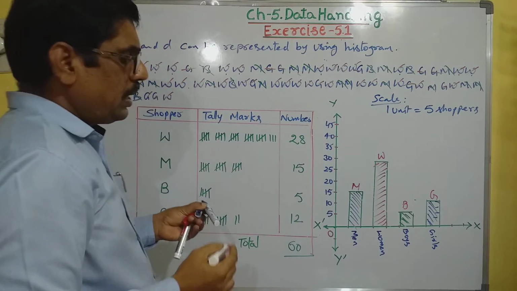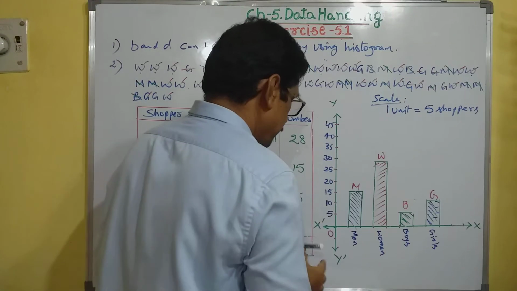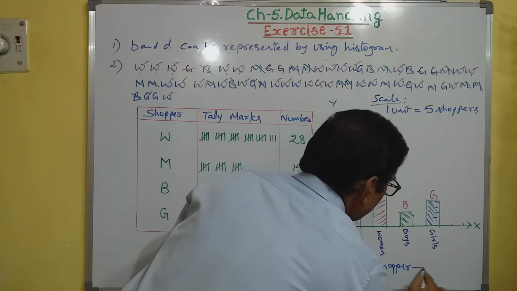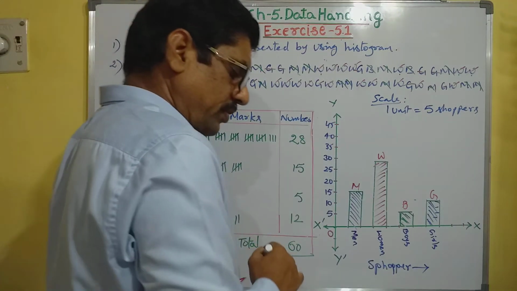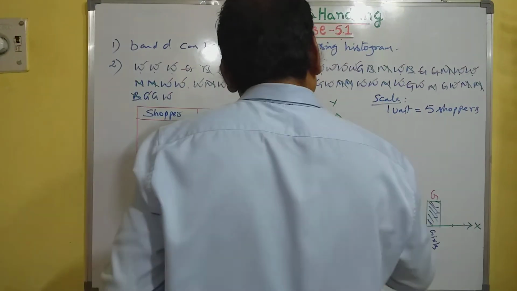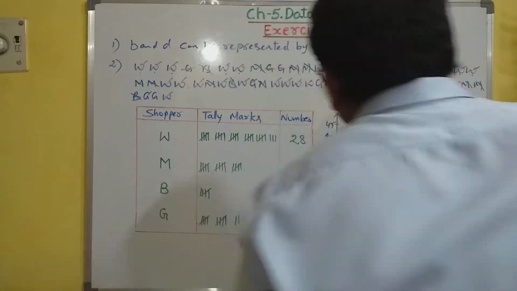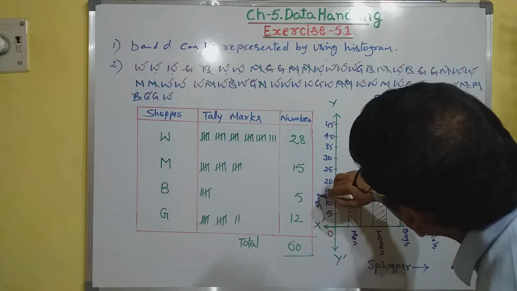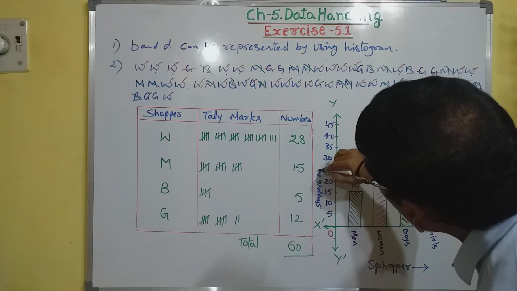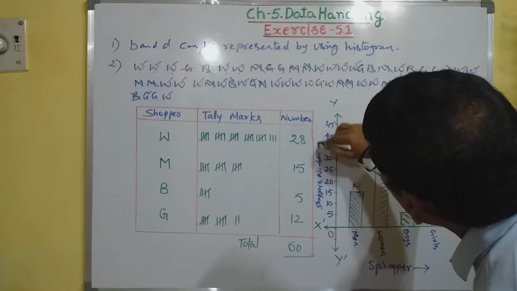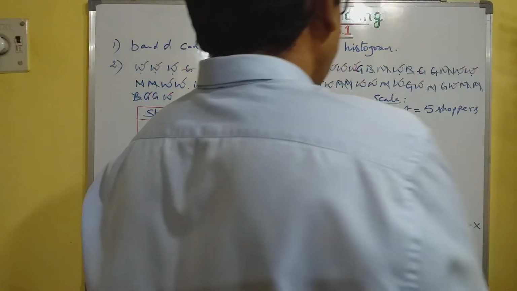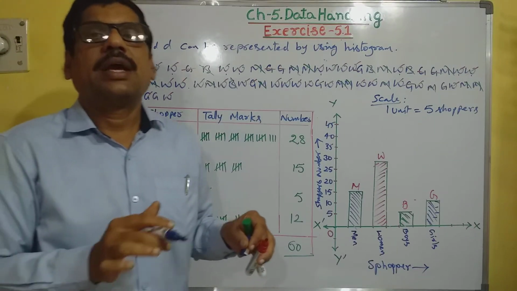Now see, here the x-axis represents shopper, and the y-axis represents the number of shoppers. So in this way you need to draw the bar graph. This you have to draw on a graph sheet.